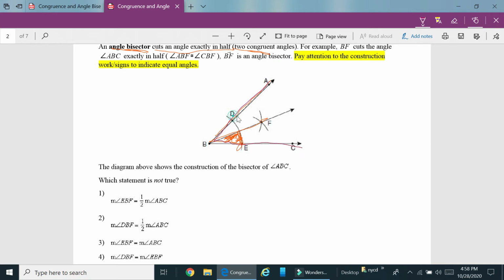They said half of the bigger angle. So I'm gonna shade one half, which is equivalent to that half. Is that true? Oh, by the way, we're looking for what's not true here. The diagram above shows the construction of the bisector of ABC. Which statement is not true? So this is equal to that because it's half of the bigger angle, and they gave you half of the other one. So that works out.